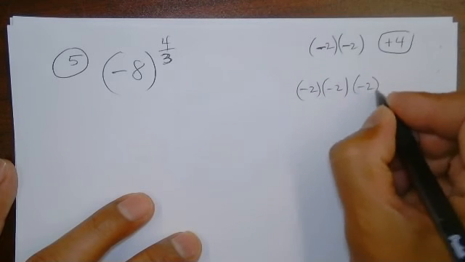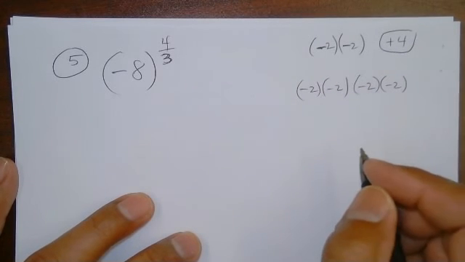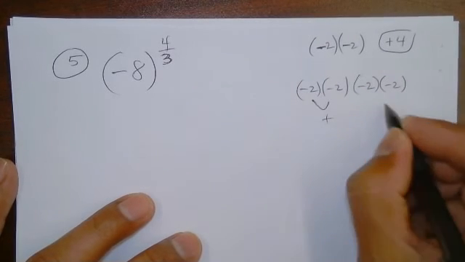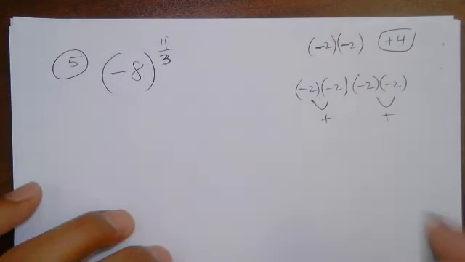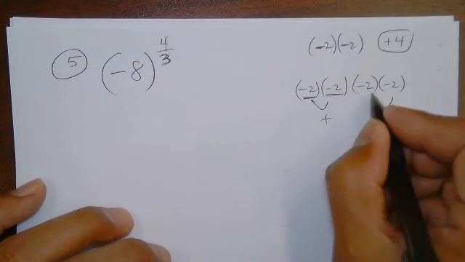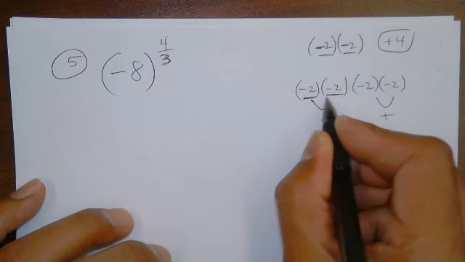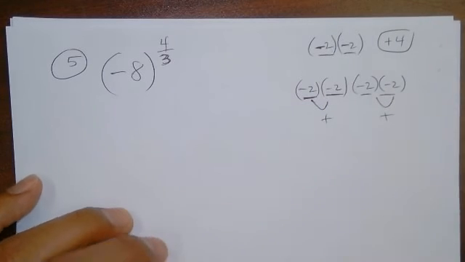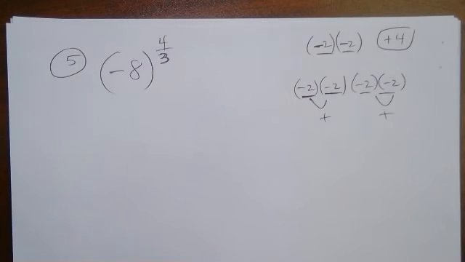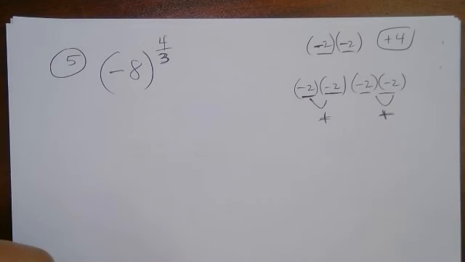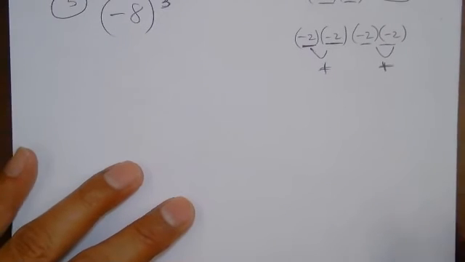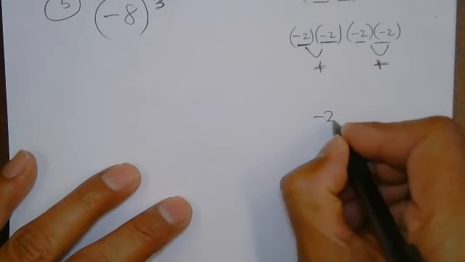What if it's four negatives? Like negative 2 times negative 2, and then another negative 2 with another negative 2. These two make a positive, and these two make a positive. You see, it's going to be positive. Does everybody agree when it's sets of twos, when it's in pairs, when it's an even number power, your answer is positive? You guys agree with that?